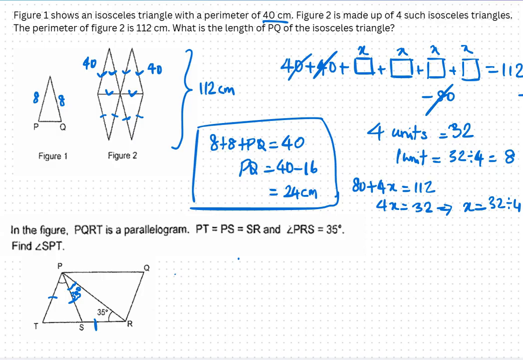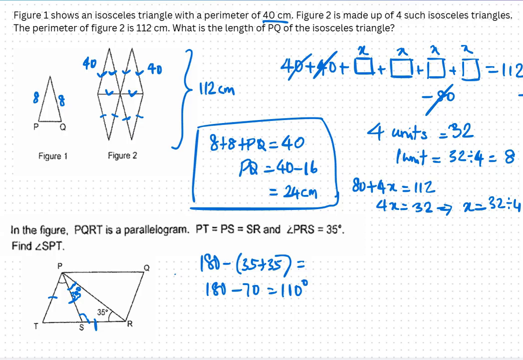And if this is 35 and this is 35, what is this angle here? That has to be 180 minus the sum of these two, 35 plus 35. That is 180 minus 70, which is 110 degrees.